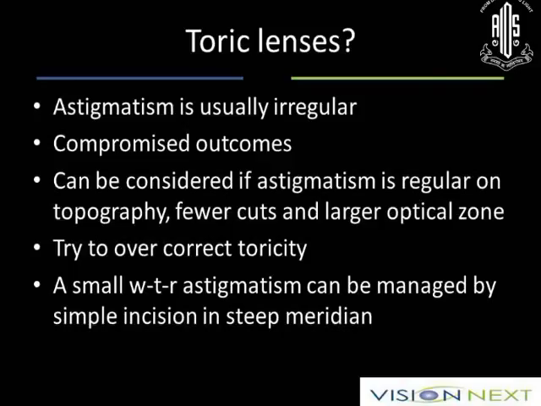It can be considered if the astigmatism is regular on topography, the cuts are fewer, perhaps 8 cuts, and the optical zones are larger, which we hardly get with post-RK. And always try to correct at a toricity. If you have a minimal amount of astigmatism, for example, normally in cataracts you correct more than 0.75 or more than 1, here give it a larger value. Even if you have a cylinder of around 1 to 1.25, just make an incision in the steep axis and still you will get away with that.